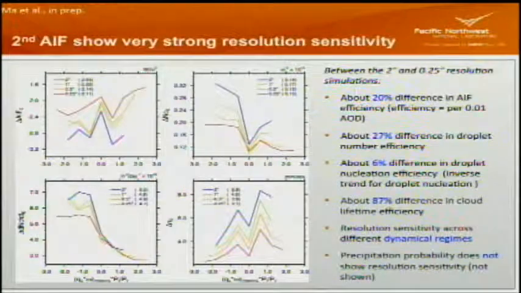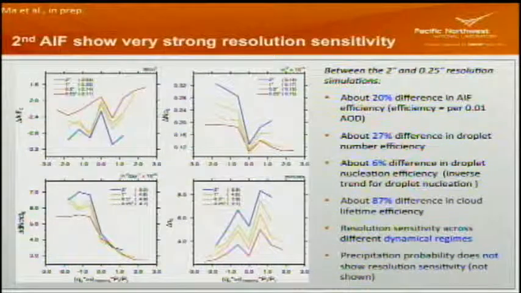So we did some detailed analysis, and this is the aerosol indirect forcing. The four lines are the 4 resolutions, and you can just consider this as the dynamical regime, whether it's convective or non-convective.